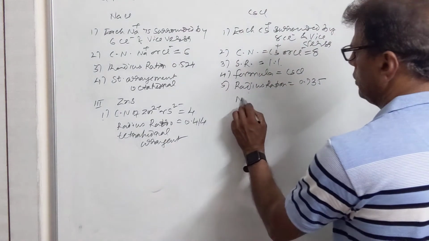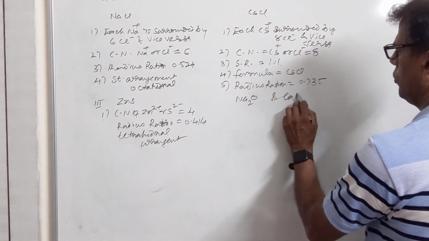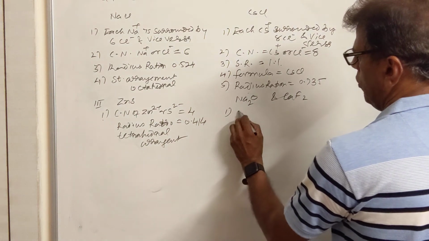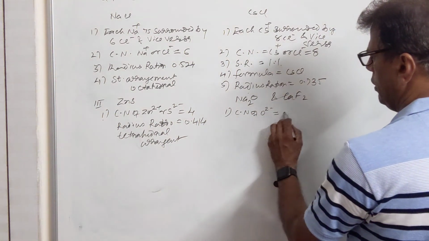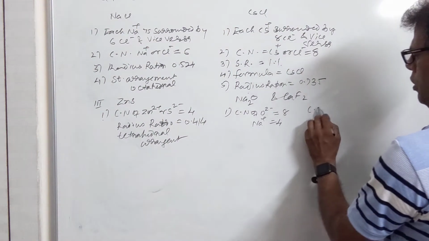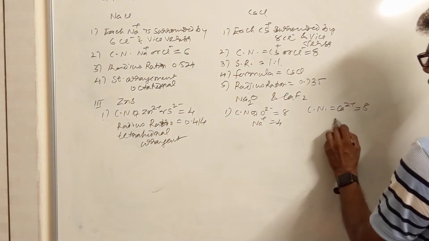Then we have next Na2O and CaF2. They have similar kind of structures. Coordination number of oxygen oxide ion, that is 8. Sodium ion, that is 4. यहाँ coordination number calcium ion का, that is 8. Fluoride ion is 4.